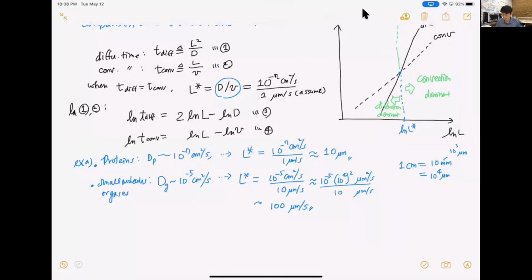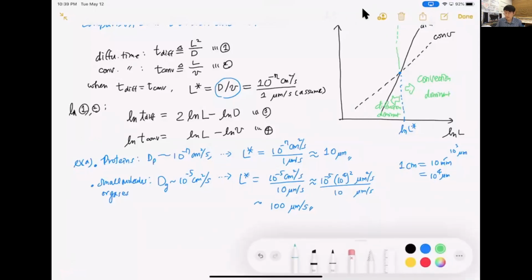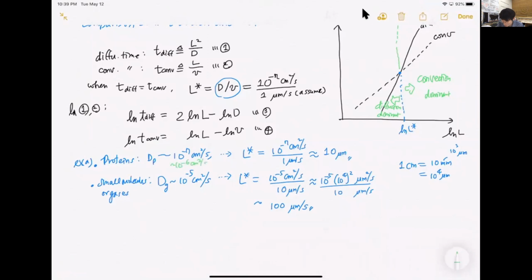So I hope this gives you some insight for understanding this phenomenon. Okay, I want to add a little bit here, because when I look at the table, proteins in liquids can have a diffusion coefficient from 10 to the minus 7 to 10 to the minus 6, which is 10 times bigger.